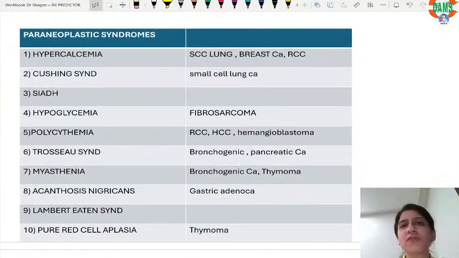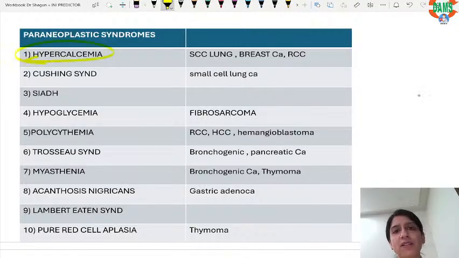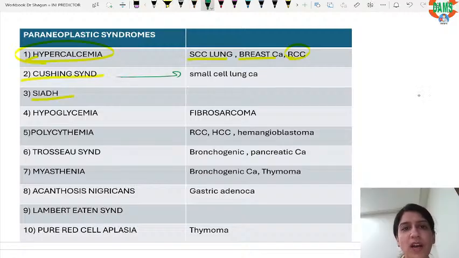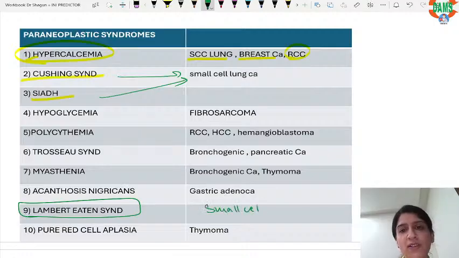Let us talk about this very important table, list of paraneoplastic syndromes. Hypercalcemia, as a paraneoplastic association, is seen in squamous cell lung carcinoma, breast carcinoma, renal cell carcinoma. Cushing's and SIADH, both are small cell lung carcinoma. And in fact, Lambert-Eaton syndrome is also seen in small cell lung carcinoma.